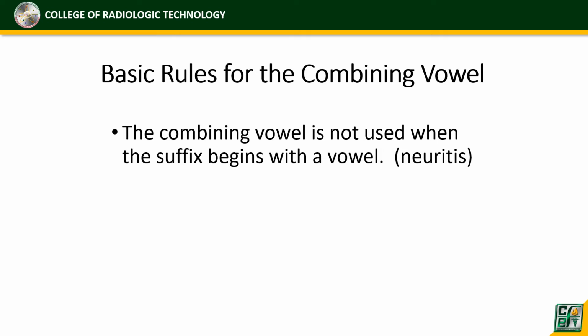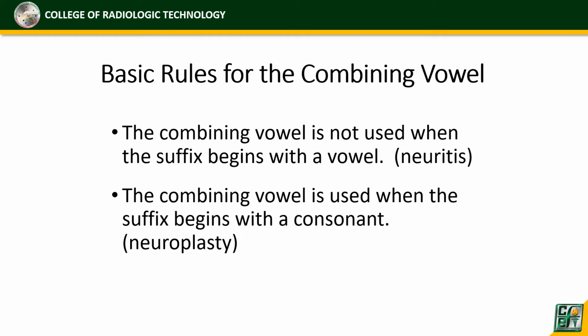However, the suffix following the root word begins with a vowel: the suffix itis, meaning inflammation. If that is the case, we will not be using the combining vowel o. Instead, we just attach the root word and the suffix, which gives us the term neuritis.